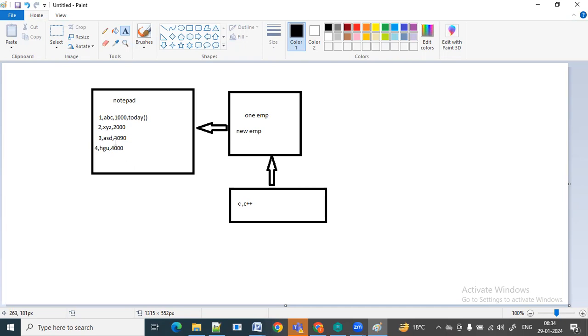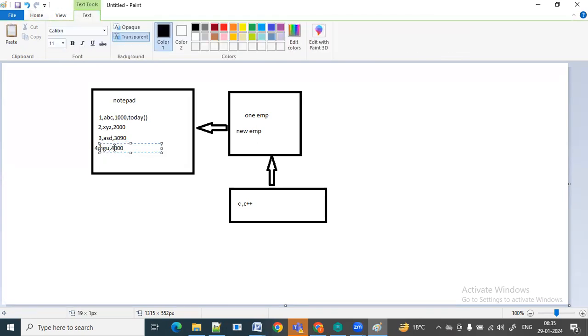The moment I store data in the database, sorry, in the notepad, do you think my data is secured? No, absolutely not. Because the people who know my system password will definitely enter that notepad and rewrite the info, which means here I have something like 4 and 4000, right?